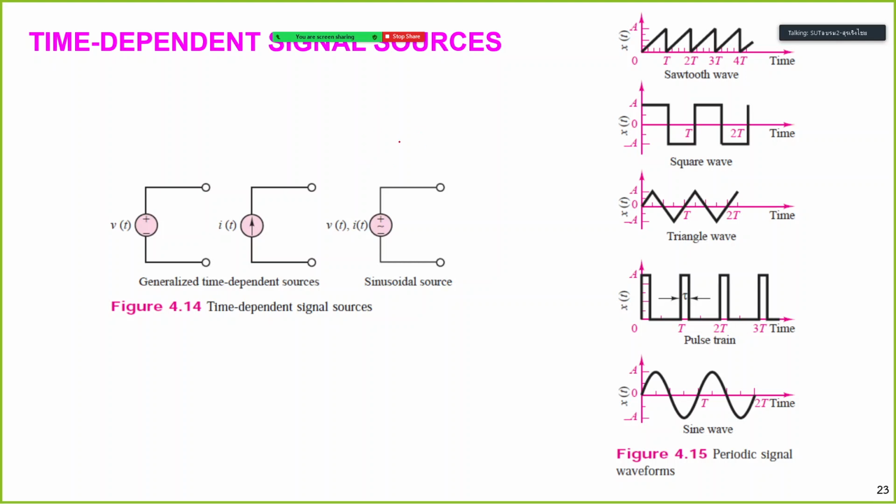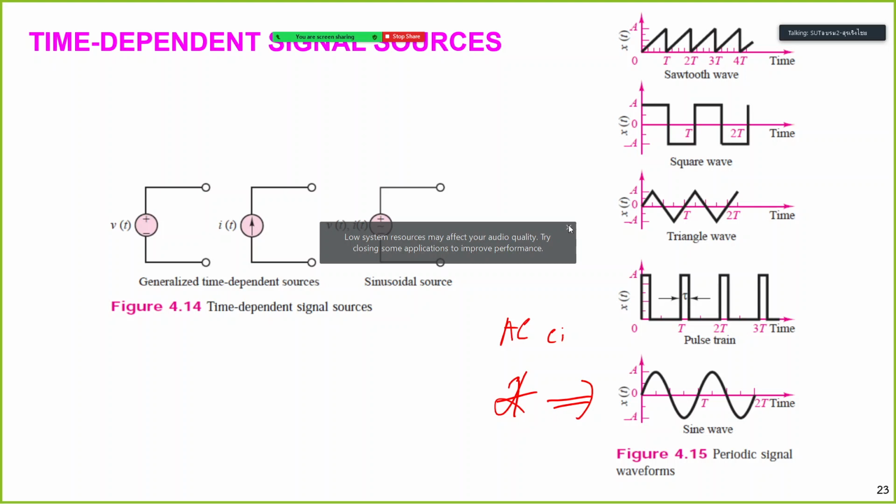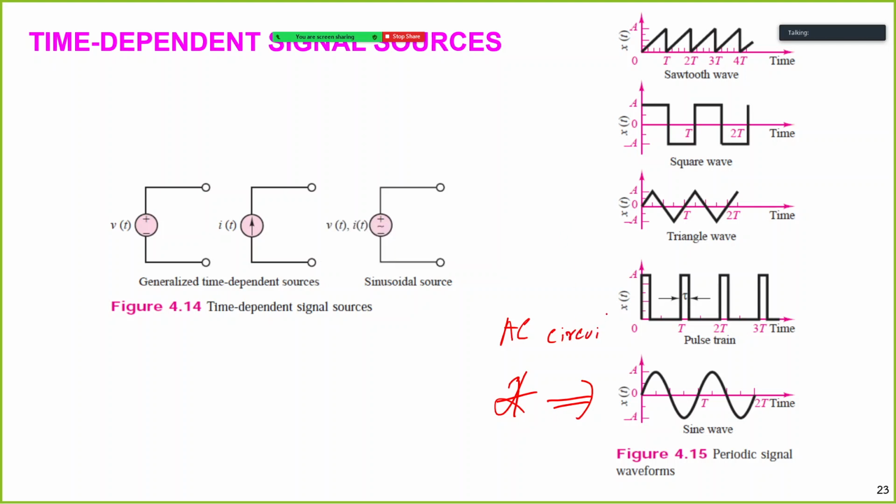So it changes according to the time, and usually in the AC circuit the source changes in a periodic nature. For example, a sine wave. Usually we have a sine wave signal for an AC circuit, right? So mostly we talk about this kind of signal, okay?